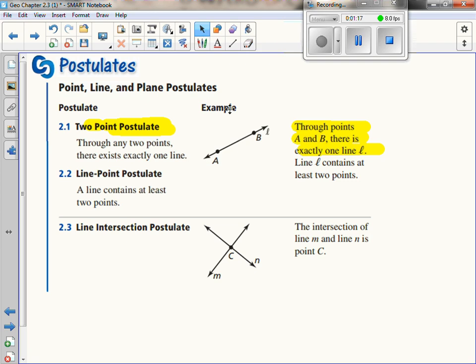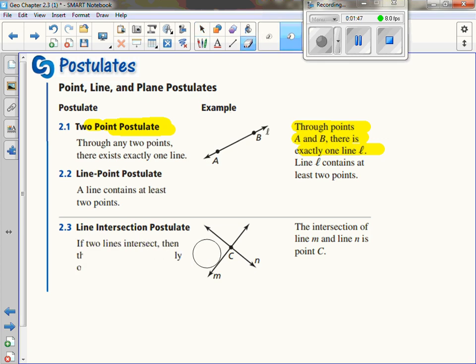Through any 2 points exists exactly one line, and a line contains at least 2 points. And this stuff here is building up basic geometry. When they first were proving stuff in geometry, they started at the basics. We have a point, 2 points make a straight line. If we have a straight line, we have at least 2 points.